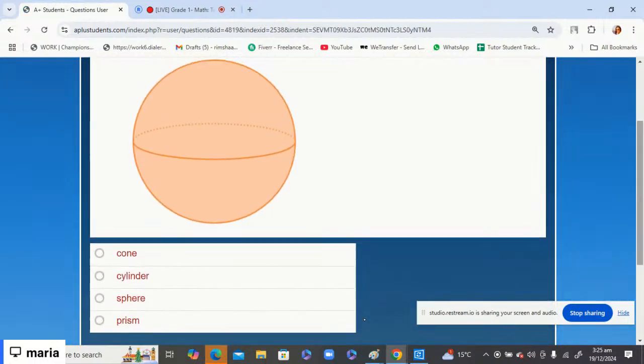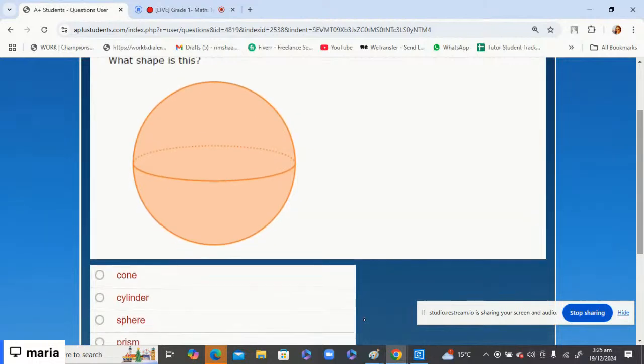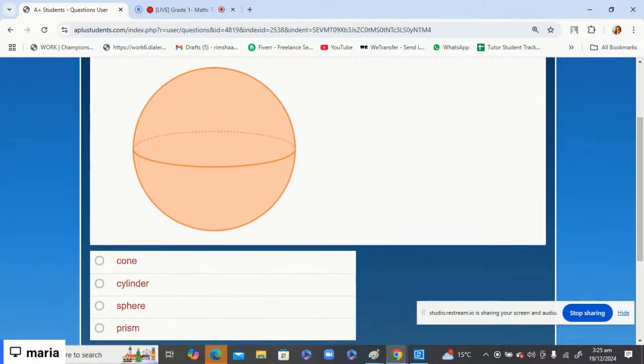Okay, now you guys tell me the answer of this. What shape is this? Everyone tell me in the chat. Is this a cone? Is this a cylinder? Is this a sphere? Or is this a prism? You don't know about the cylinder and the prism, so leave these two options.